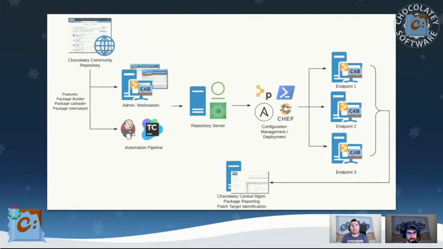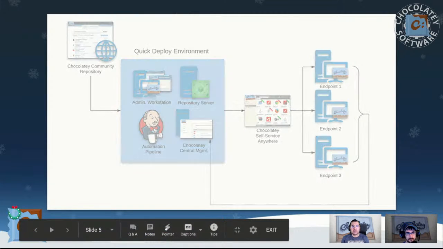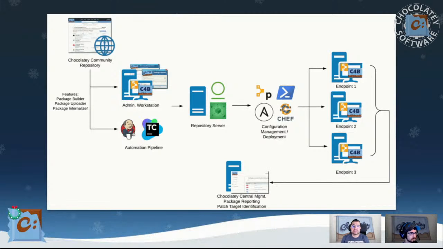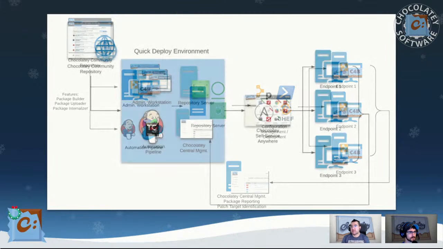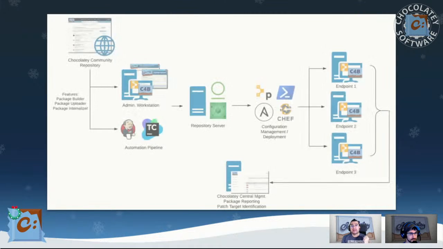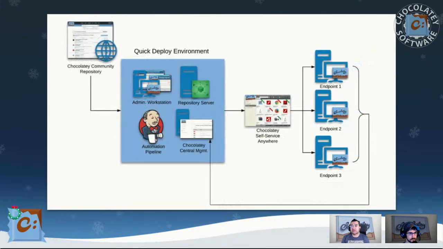So this is specifically for Chocolatey for Business. A lot of the feature set, like Package Builder and Package Internalizer, that you'd be doing on an admin workstation, is running on there, along with our automation pipeline of Jenkins. In addition to that, we have the repository server, which in QDE is Sonatype Nexus OSS, and Chocolatey Central Management, our web dashboard, to give you that powerful reporting, as well as monitoring your individual endpoints and what packages they have installed, and if any are out of date.